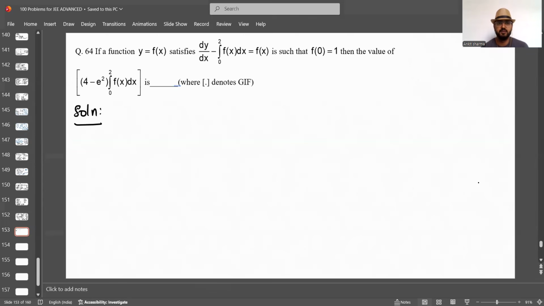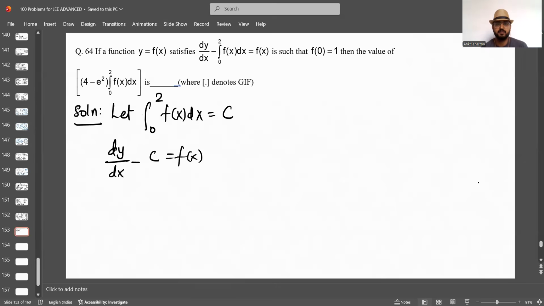So for such problems, we will start with the most basic thing, that the integral from 0 to 2 of f of x dx, of course, I'm going to get as some constant, so I'll say c. This part turns out to be dy over dx minus c is equal to f of x. So you could write dy over dx is equal to c plus f of x, which is c plus y.